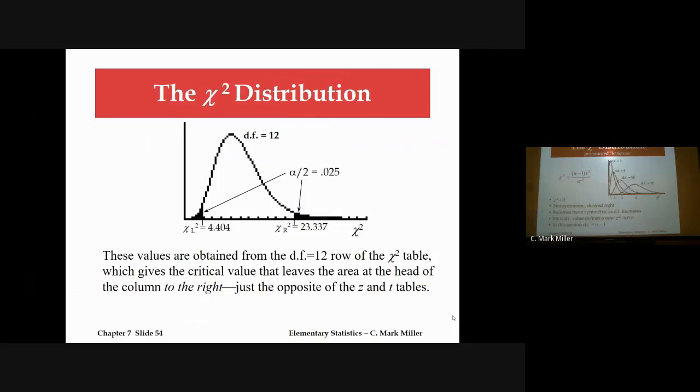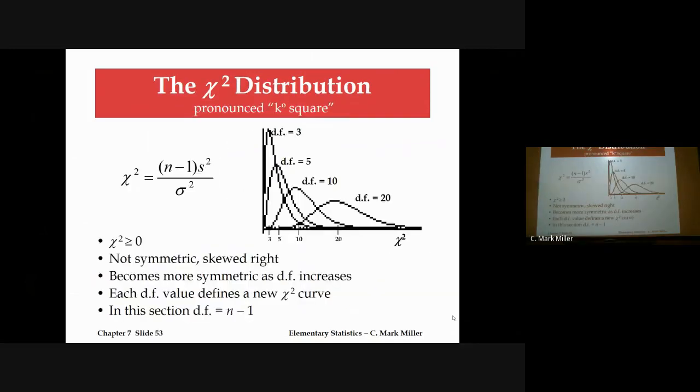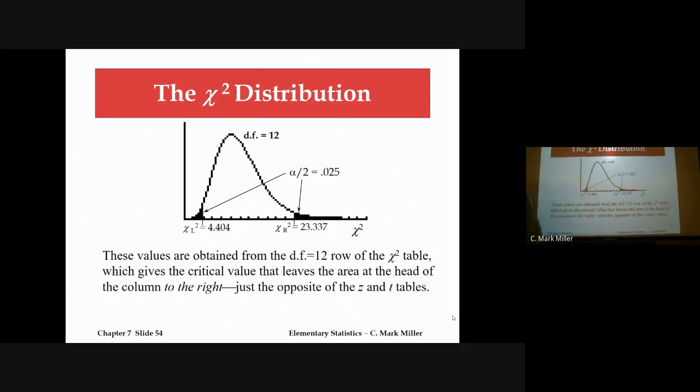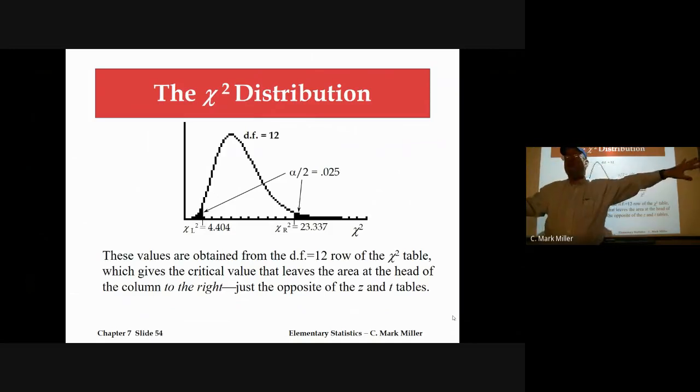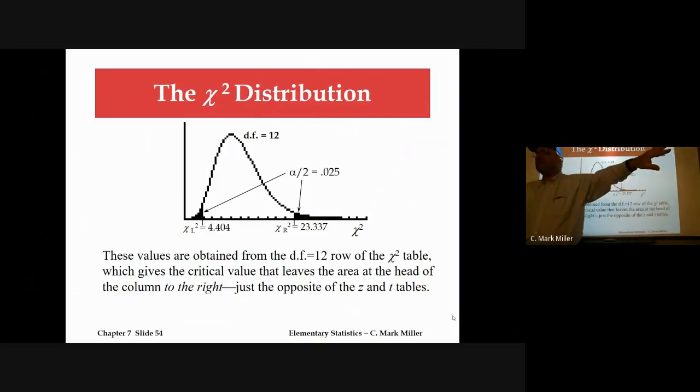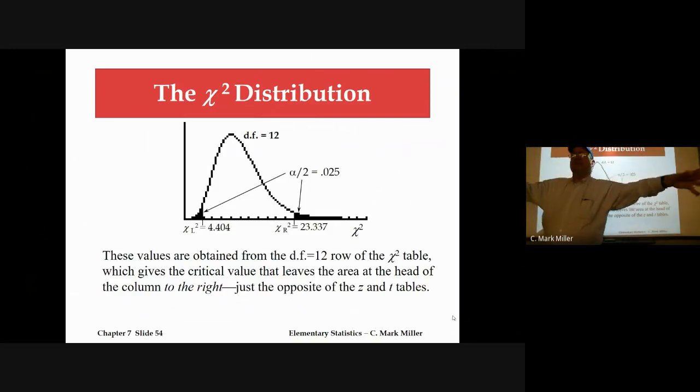All right. The fact that it's not symmetric means that we're going to have to compute our critical values in a different way. What does that mean? For a normal and for a t, a critical value, whatever value leaves 5% in the right tail, the negative of that value leaves 5% in the left tail. Not anymore.